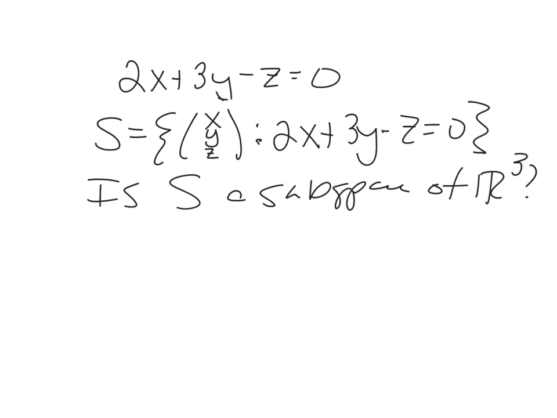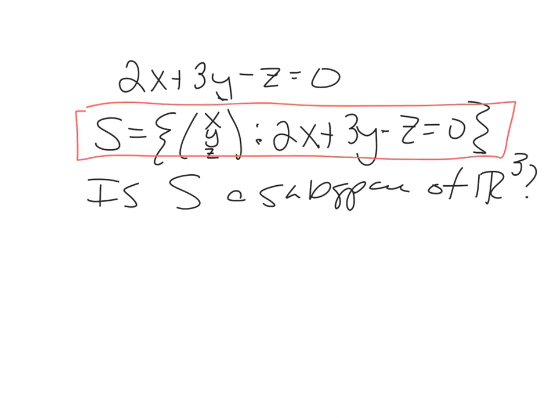So, in particular, this x, y, z set notation is maybe not as helpful as it could be. So let's rewrite. What if I solve this thing for x, and I write that as minus 3y plus z all over 2, and now I've got two free variables. Actually, back up for a second.